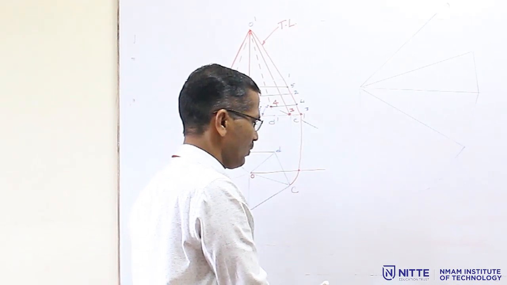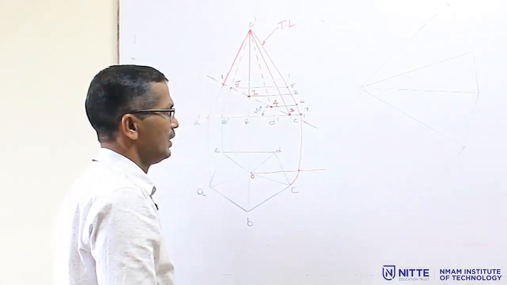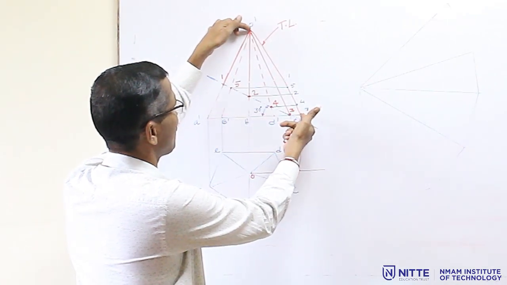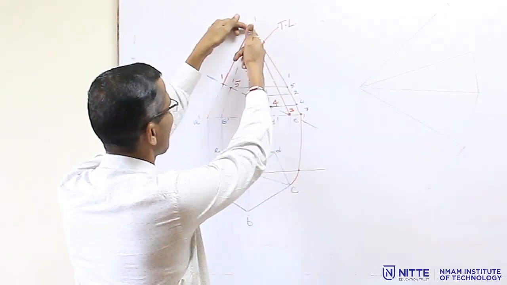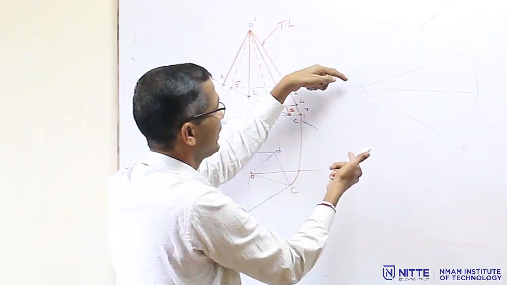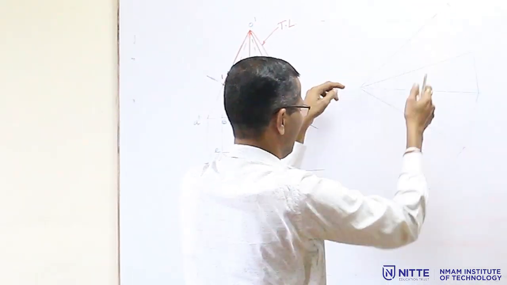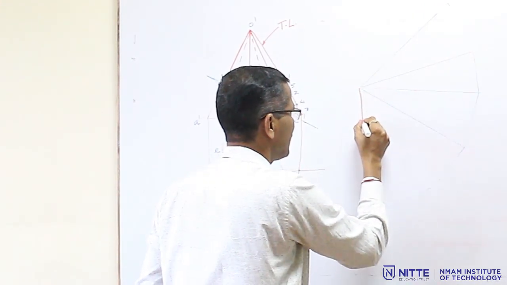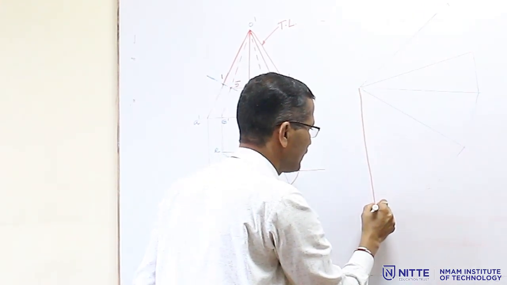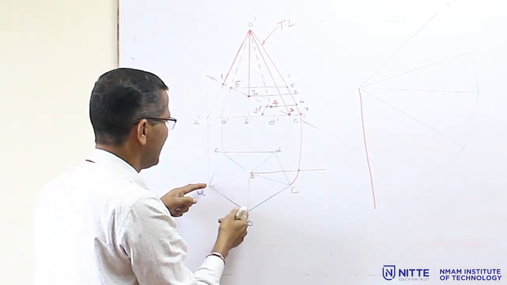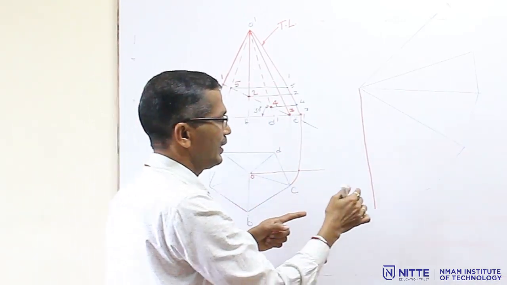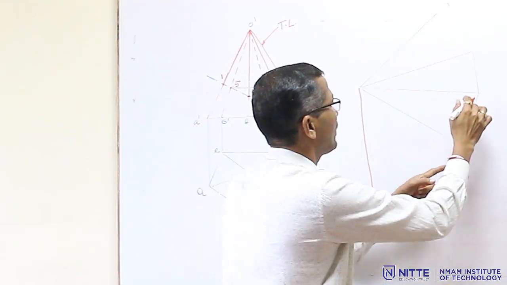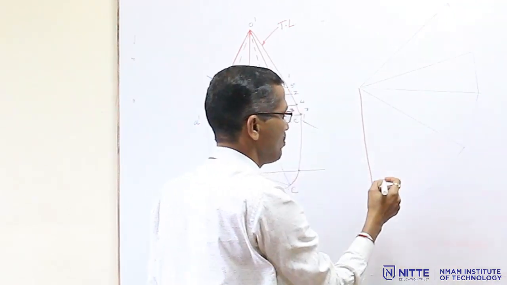Now, you have to go for the development. For the development, take this true length in the compass, not any other generator, from here to here. Take this true length and draw one arc, then draw a line from this point like this. Then take the base edge, that is 30 mm, and cut it here, then one more like that; five times you have to cut, since it is a pentagon.